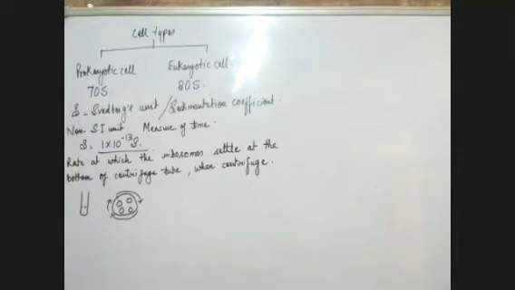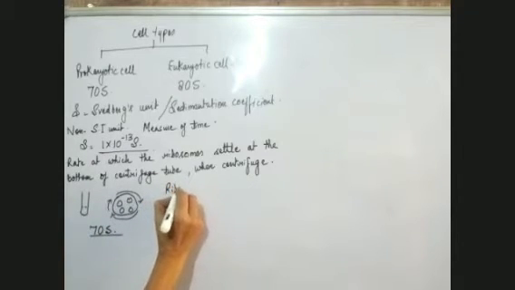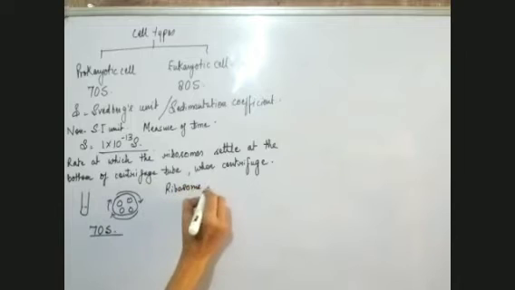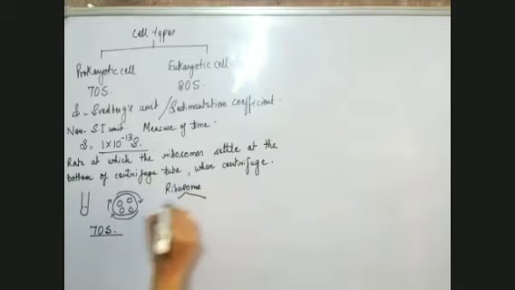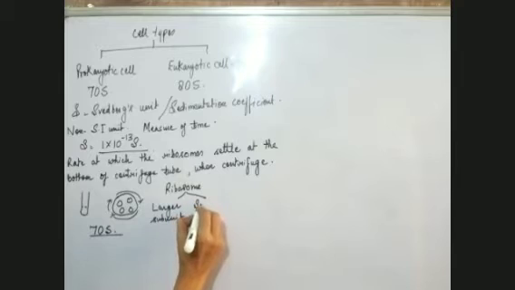Now when we say that in prokaryotes it is 70S type, that means this ribosome all together. See, when we say ribosome, what does a ribosome mean? A ribosome consists of a larger subunit and a smaller subunit.